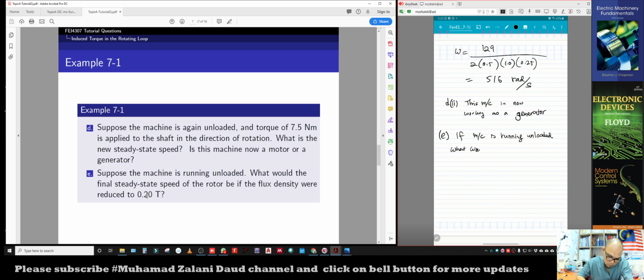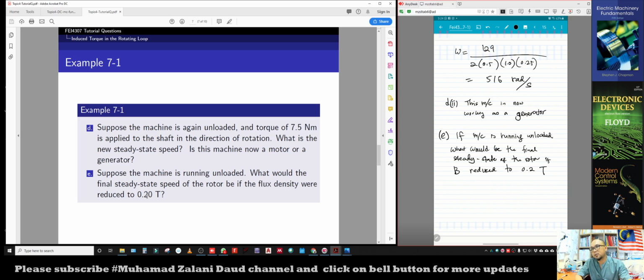what would be the final steady state speed of the rotor if the magnetic flux density is reduced to 0.2 Tesla?